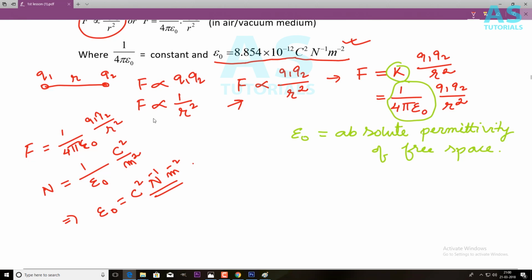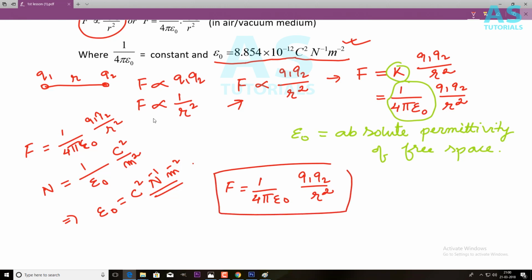Now coming back to our equation, F is equal to 1 divided by 4 pi epsilon naught Q1 Q2 divided by r square. This is the equation when the two charges are situated in air. The medium is air.